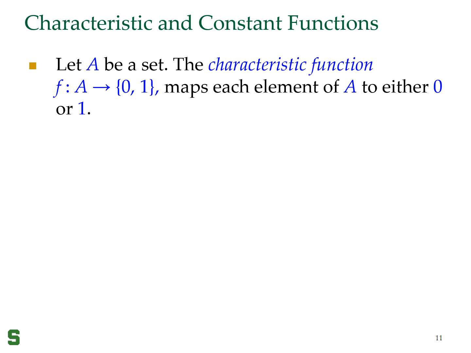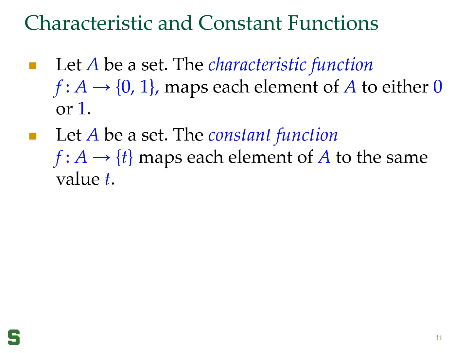A characteristic function maps the set A to the set {0, 1}. So it maps some elements in A to 0, some elements in A to 1. A constant function is a function that maps every element in A to the exact same number every time.